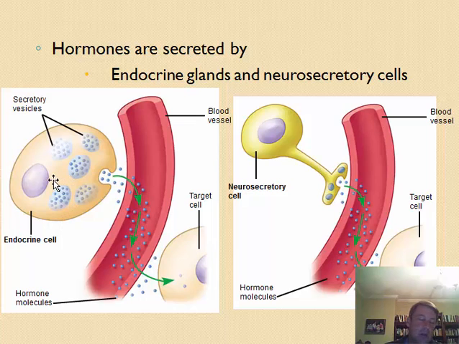In the regular glands, we just refer to those as endocrine cells, but in the brain, if they're connected with the nervous system, they're called neurosecretory cells. Again, they all function this way. There are a lot of different glands, and they have different functions in the body.